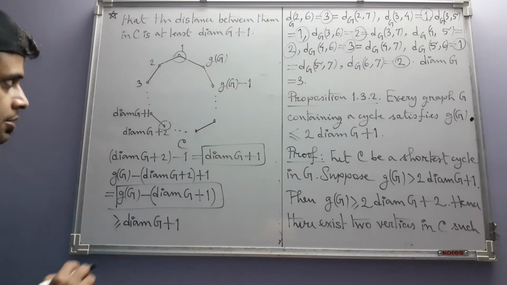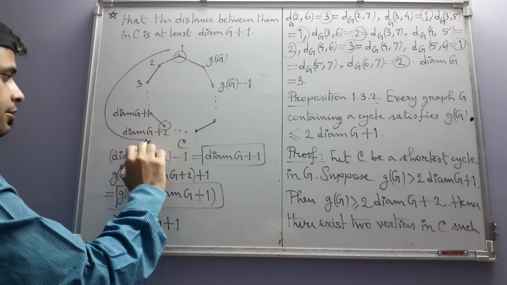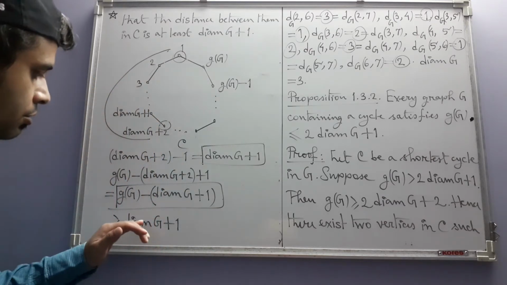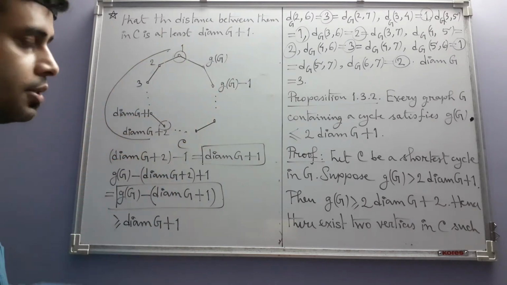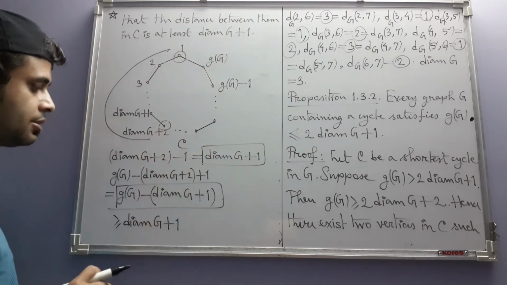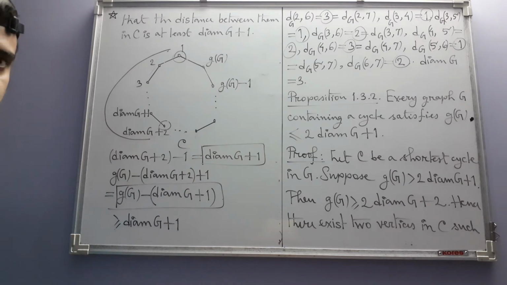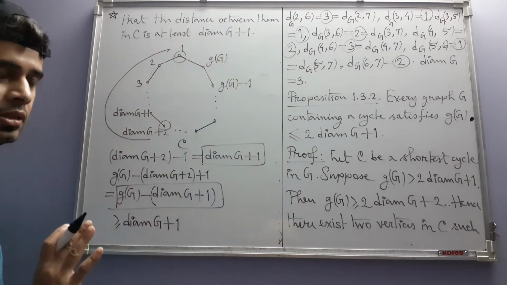So that means the path joining 1 and this from this side, the shorter one among these two paths, is the one whose length gives the distance. So the distance between this point and this point is actually equal to diameter of G plus 1 in the graph C, that is in C itself.